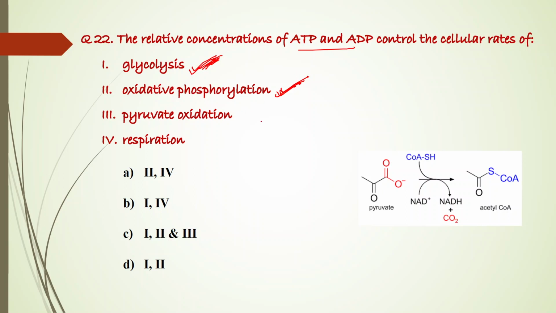Then comes pyruvate oxidation. So here I am showing the pyruvate oxidation. What you can see, this pyruvate is getting oxidized to acetyl CoA. In the process, we have the conversion of NAD plus that is getting reduced to NADH. What does that mean? We are getting more NADH.